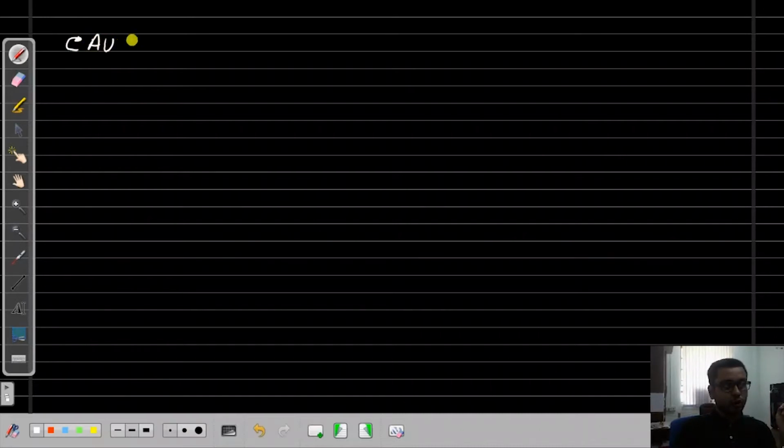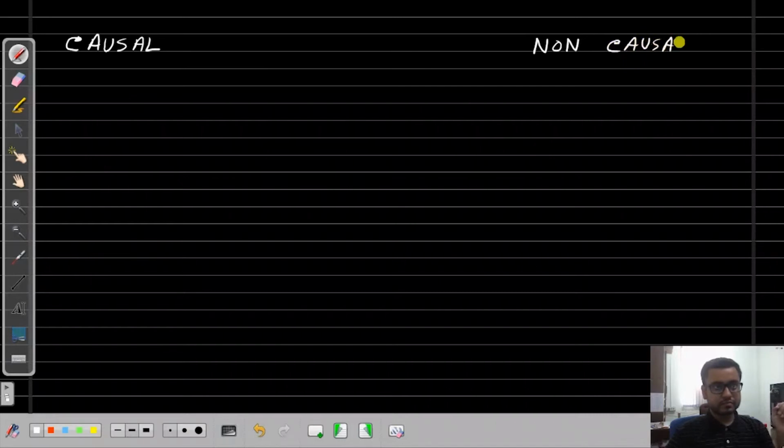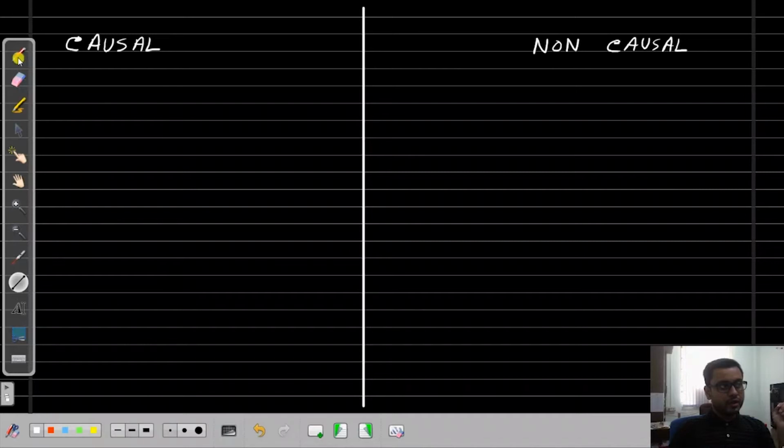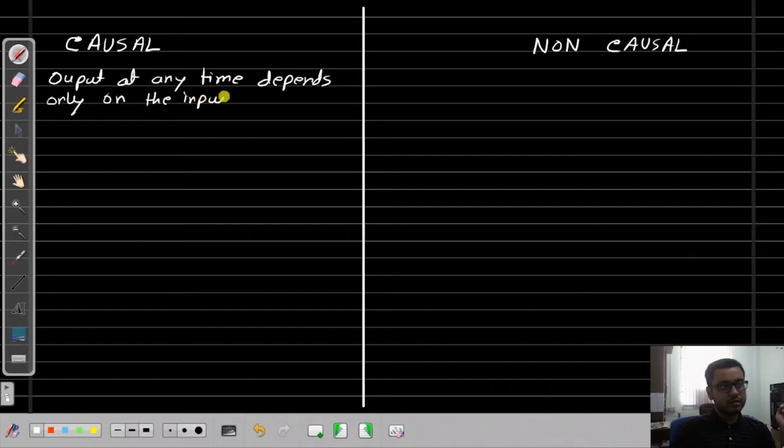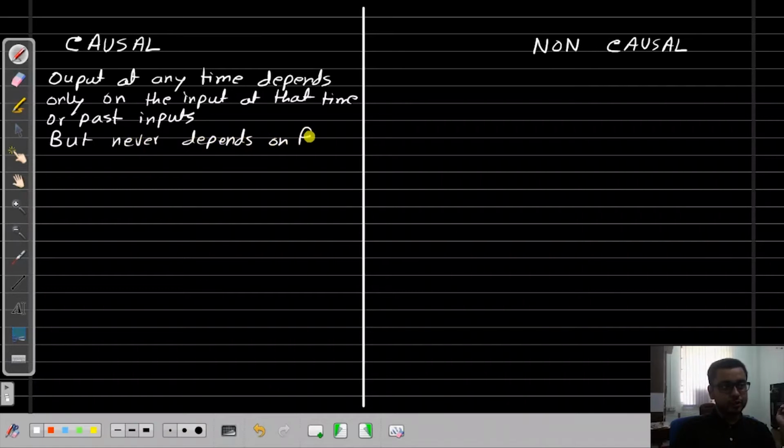We call it causal and non-causal systems. In the case of a causal system, the output at any time depends only on the input at that particular time or past or previous inputs, but never depends on future input.